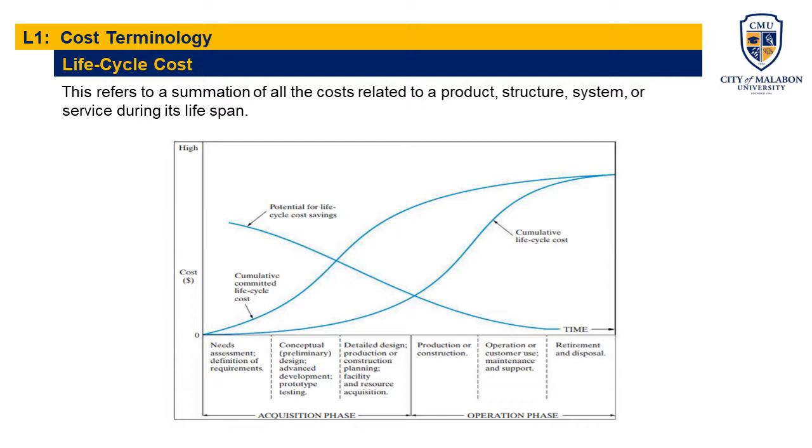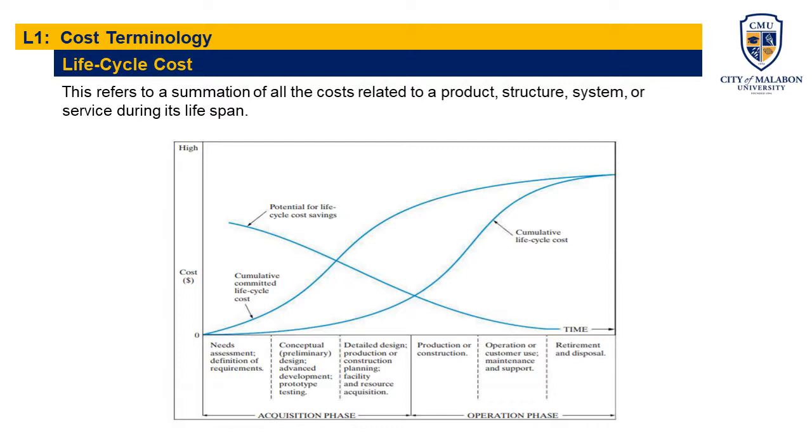The life cycle begins with identification of the economic need or want and ends with the retirement or disposal activities. It is the time horizon that must be defined in the context of the specific situation. The life cycle of a product, structure, system, or service may be divided into two general time periods, the acquisition phase and the operation phase.